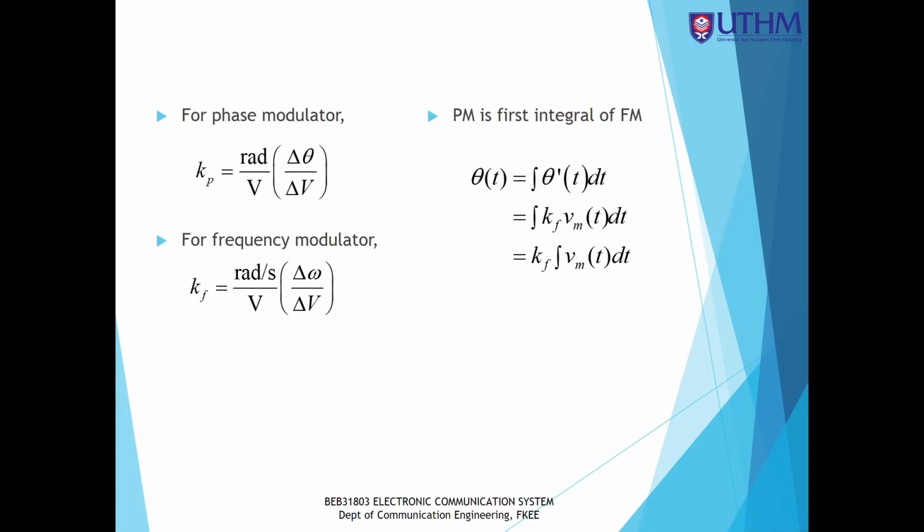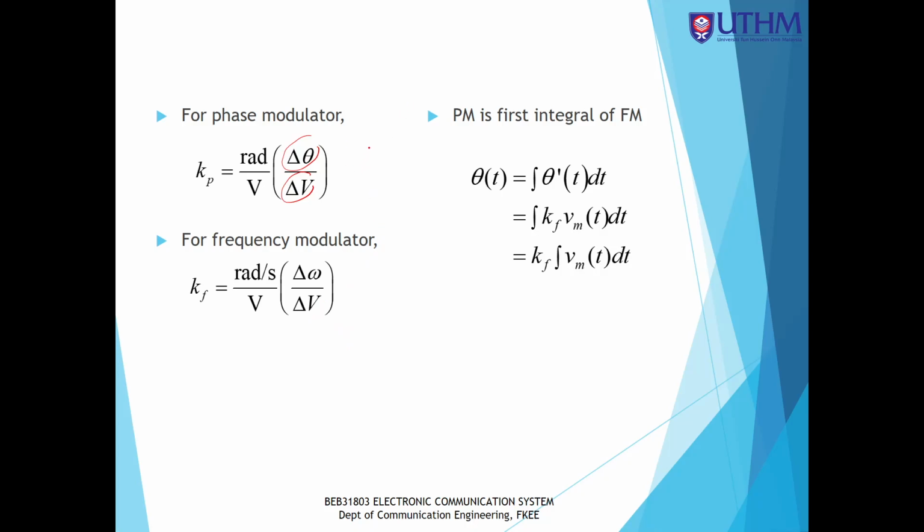The unit for Kp is radian per volt. It is calculated by subtracting the theta values and dividing by the range of voltage values, so delta theta divided by delta V. Delta means a range of theta.